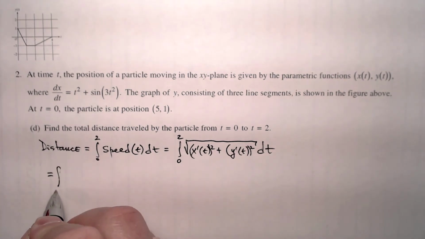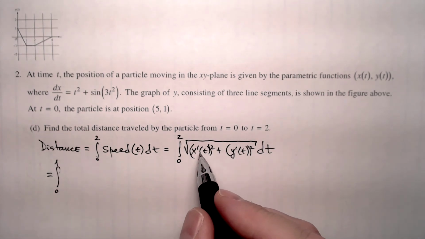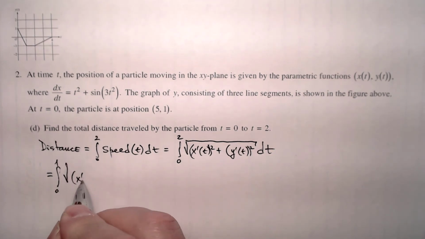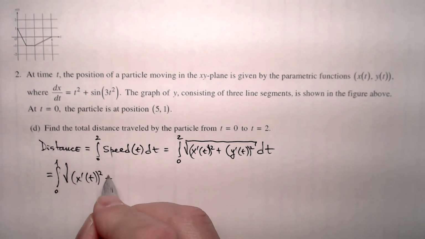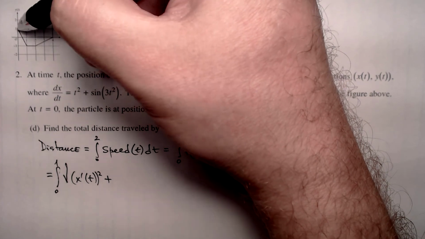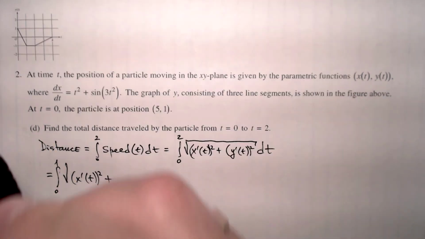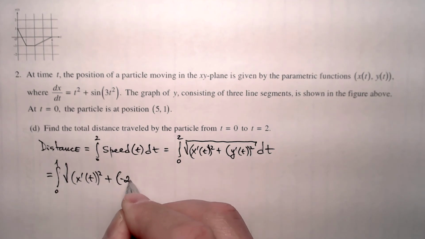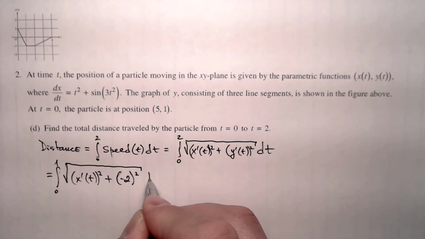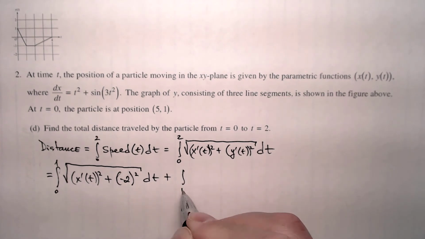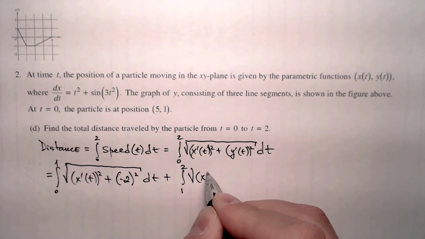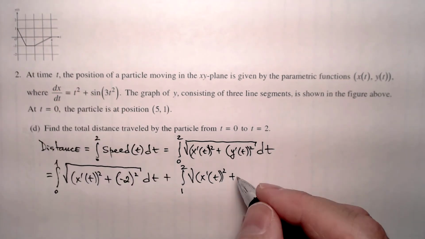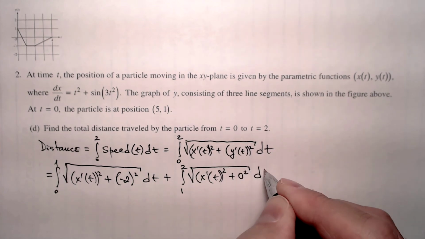So we can break this into two integrals, integral from 0 to 1, and then instead of x prime of t we just plug in this functional form, not writing it out right now, x prime of t squared plus the derivative, the slope of this function between the points 0 and 1, which is in this case rise over run, and again rise is -2 and run is 1, so it's -2 squared dt, plus another integral from 1 to 2 square root of x prime of t squared plus, in this case, the y prime is 0 squared dt.